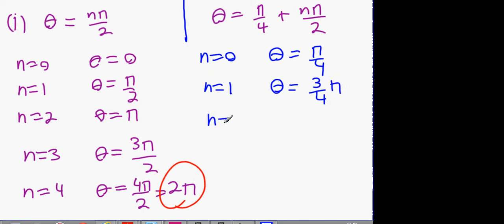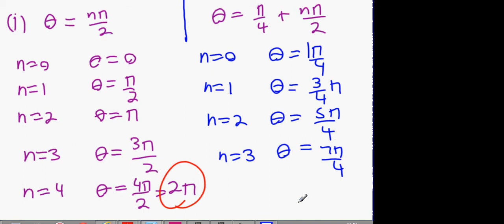What's the next one then? A quarter plus 1, 5 pi over 4. Can anybody see the sequence? 1, 3, 5, 7. And the next one's going to be too big. Why is it too big? It's above 2 pi.